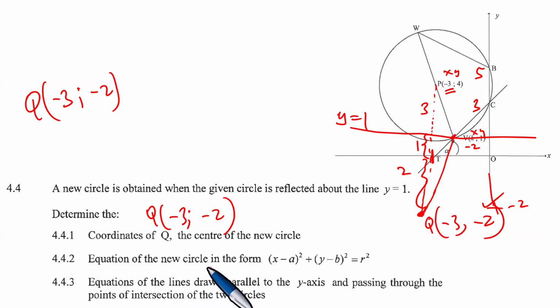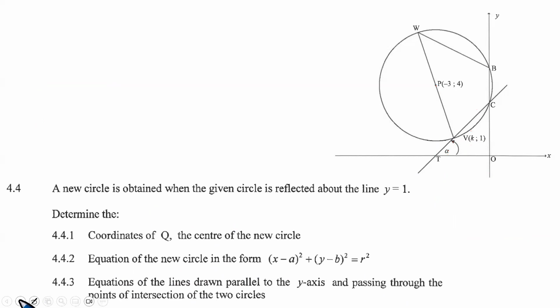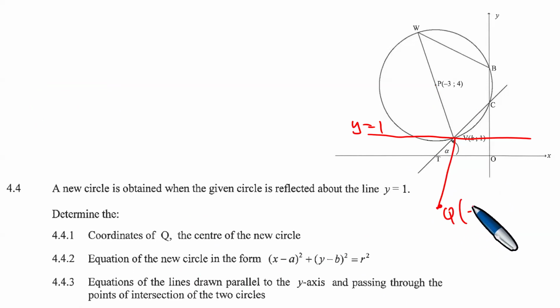Next thing, we're interested in determining the equation of the new circle. Let us find this one. Right, to find the equation of the new circle, there's a couple of things you need to consider. So if this one here is the line y equals 1, and we know very well that this has the coordinates minus 3, minus 2, what is the equation of the new circle?